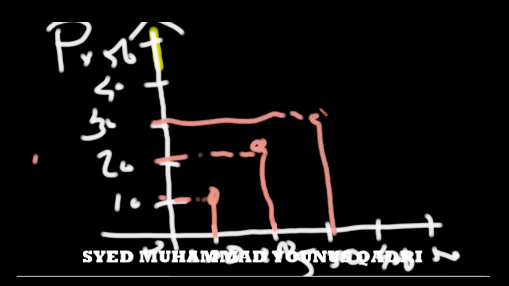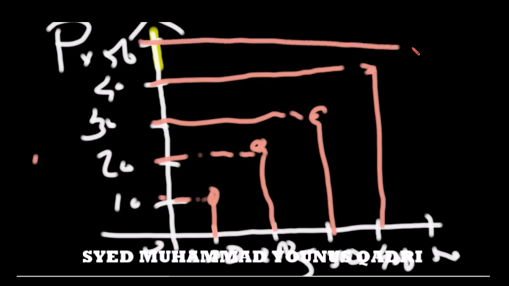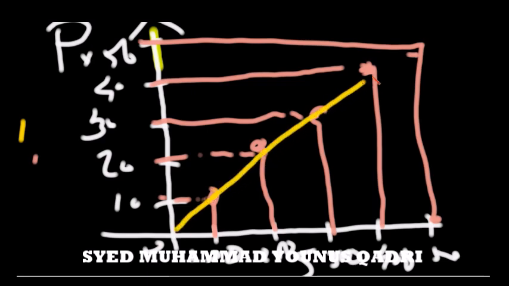When the price is 40, the supply is 400, and at price 50, supply is 500. That is how to make a graph out of anything. It is simple: you join all the points, and that is the supply curve.